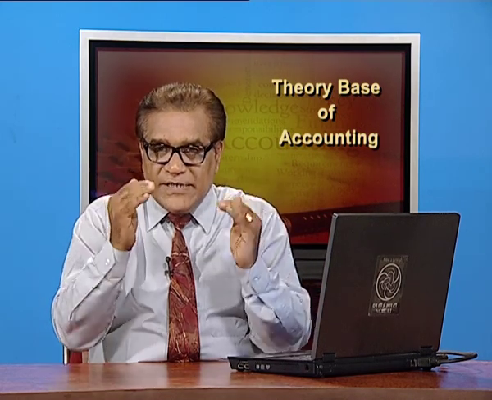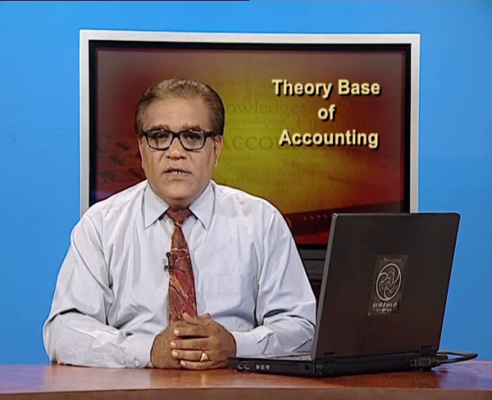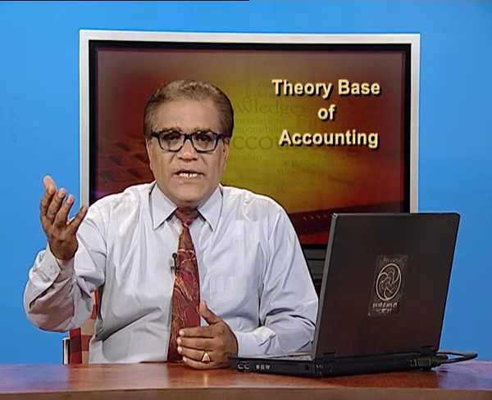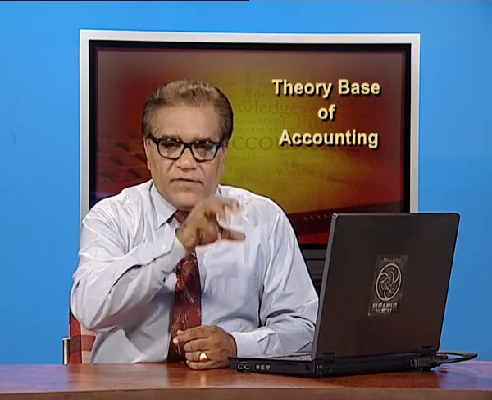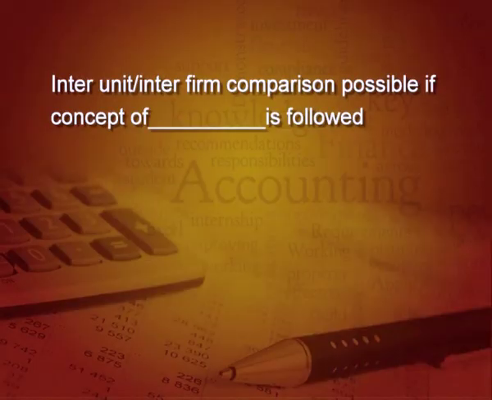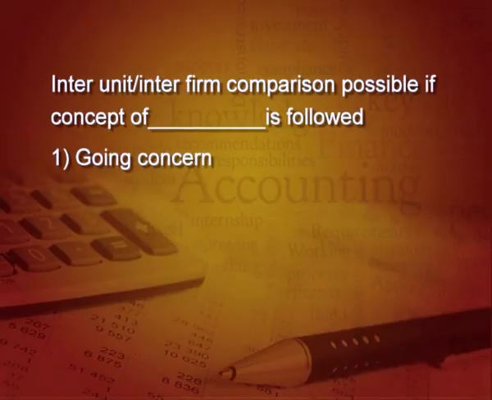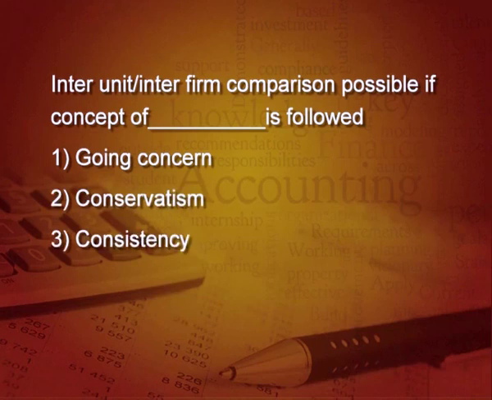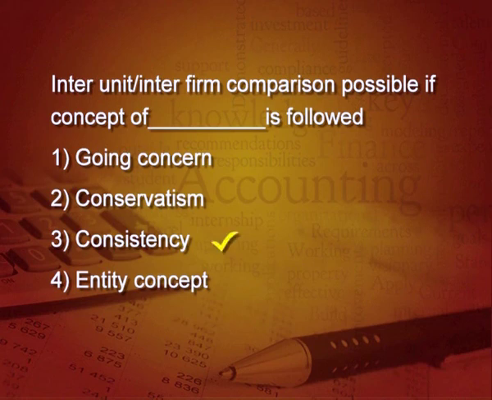So, we are stating the assets at a low level, but it is not actually overstating liability, it is showing the liabilities at real figures. Okay. Let us do the next one. Inter-unit or inter-firm comparison is possible only if the concept of dash is followed. Which concept is followed for the comparison? Is it going concern, conservatism, consistency or entity? Yes, it is consistency concept.